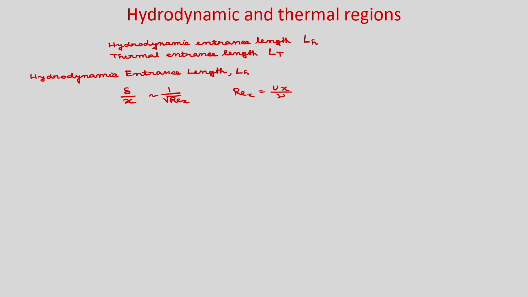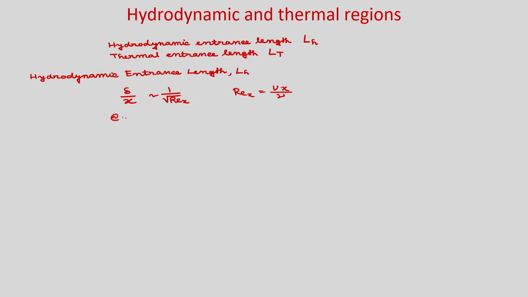Now, at the point where the velocity boundary layers merge, at x equal to L_h, delta is equal to R_0, so the order of delta is the diameter of the tube.